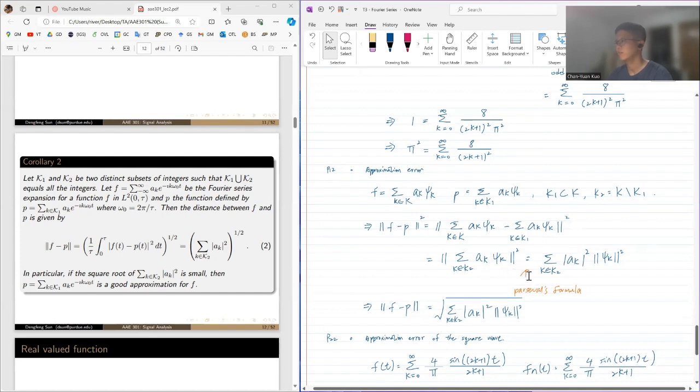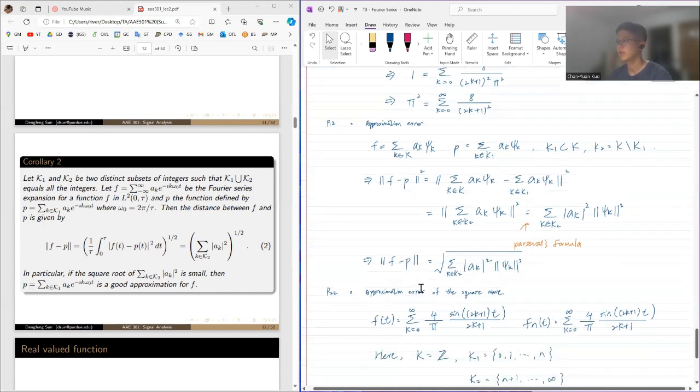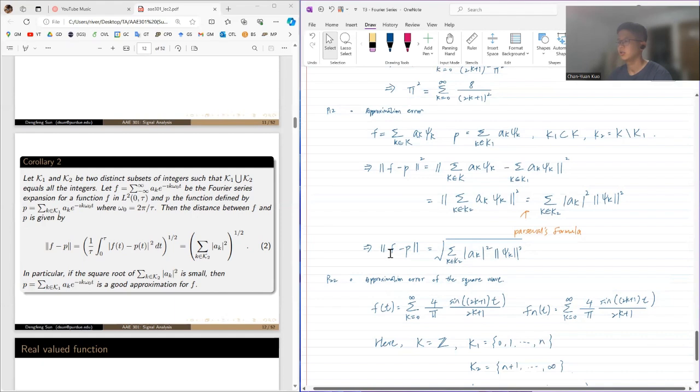And then according to Parseval's formula, we know that the square norm of this summation will equal the summation of the square of the absolute value of ak times the square norm of psi k, and k is in this kappa 2 set. So this means that the difference between the original function f and the approximation p will equal the square root of this summation here.